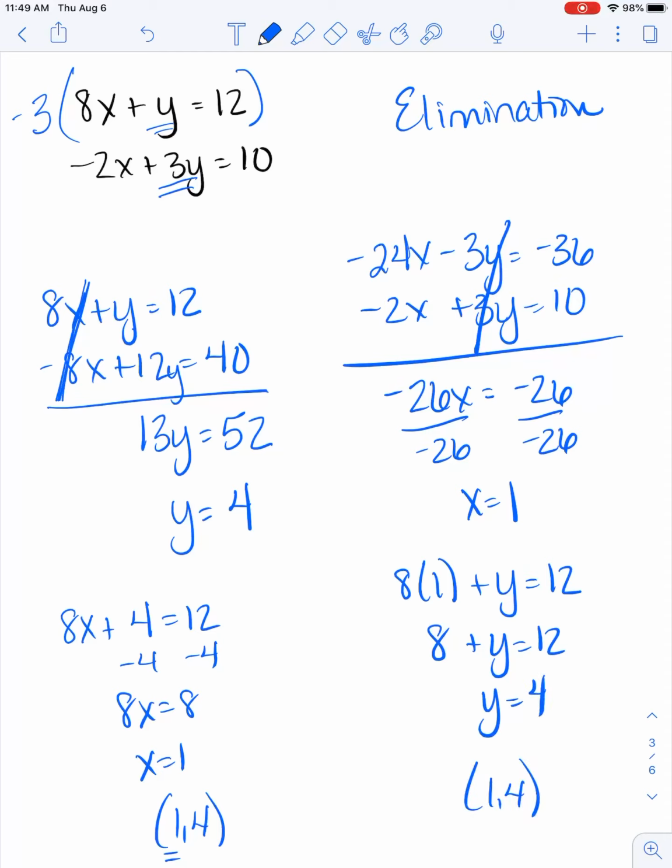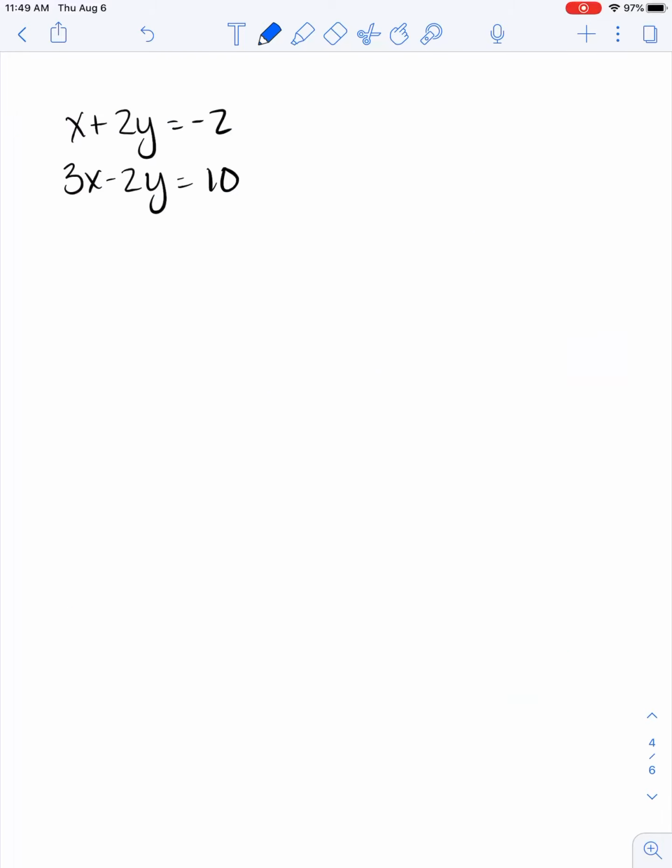And again, I get the solution (1, 4). So obviously you don't need to do both ways. You pick one. I was just showing you that you could get the x's to eliminate or the y's to eliminate. Obviously we want the easiest one, but if you don't happen to pick the easiest one, either one will work.